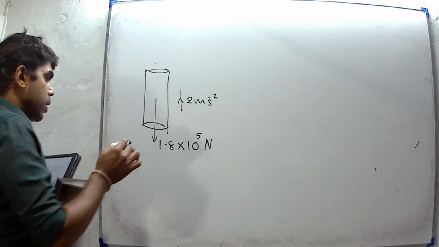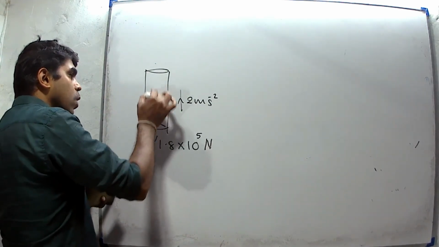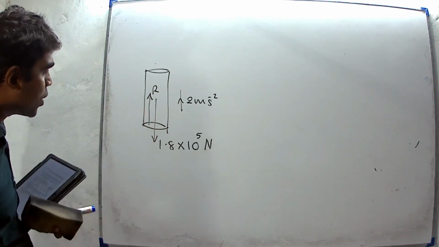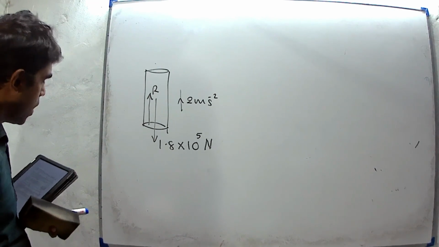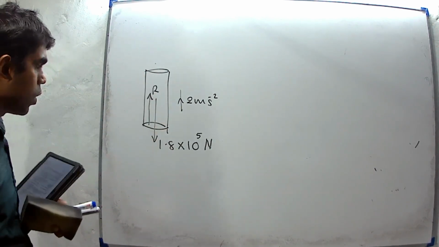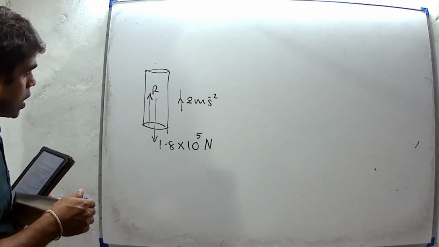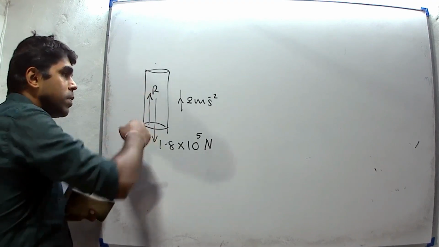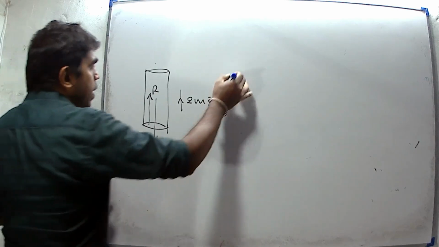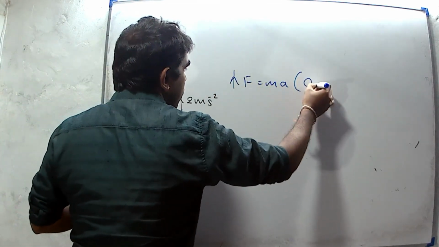Now, there is a reaction on the oxygen volume due to the bottom surface of the cylinder. We have to consider the reaction on the bottom as the force exerted on the bottom due to oxygen. Then we can consider F equals ma.